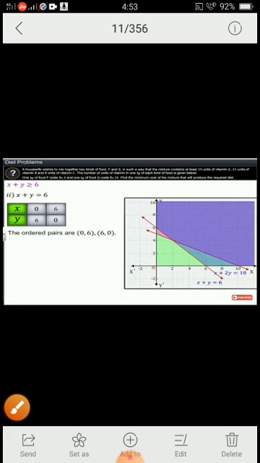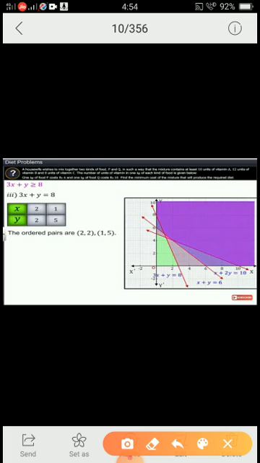Now next, the third equation, 3x plus y equal to 8. Same, plot the points and check which part should be the region. Put x and y as 0, I'll get 0 greater than or equal to 8. False, that means again it will be away from the origin.